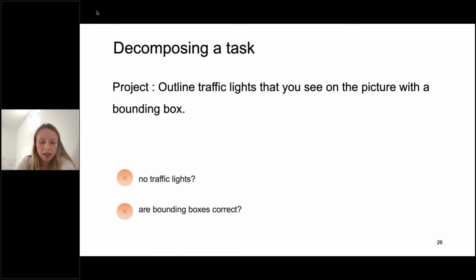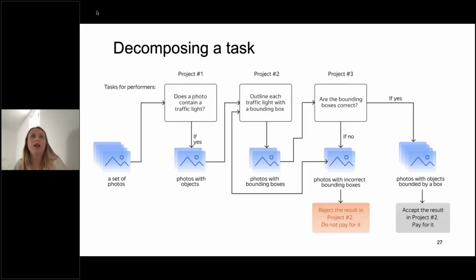So in order to mitigate those problems, the ideal solution that we have experimented with is having, in this case, 3 projects. And this is probably something that would be common for this type of computer vision project. So instead of having one project, we have 3.